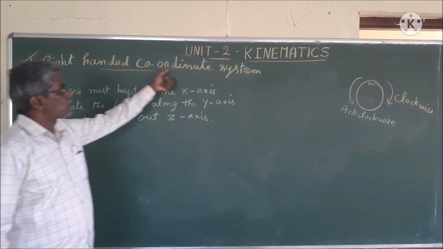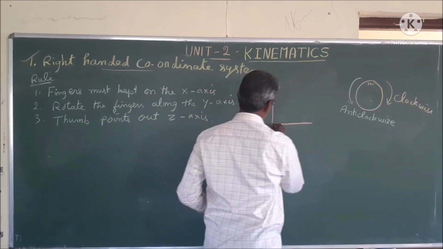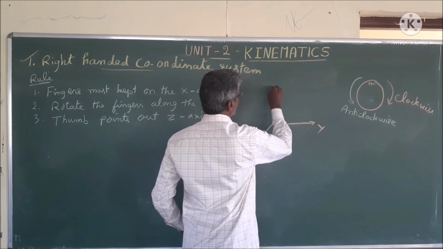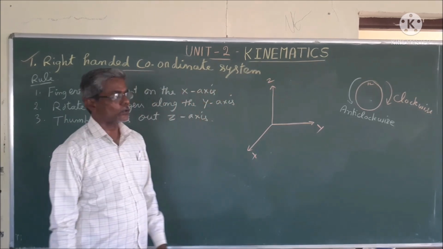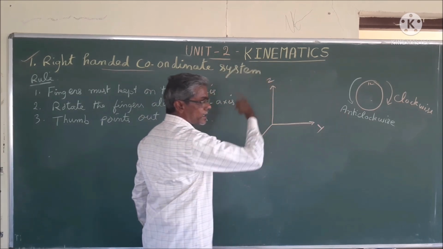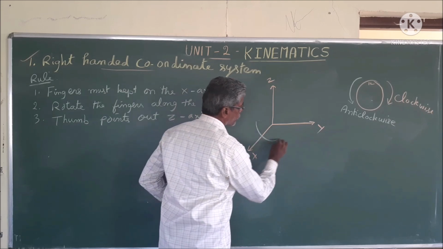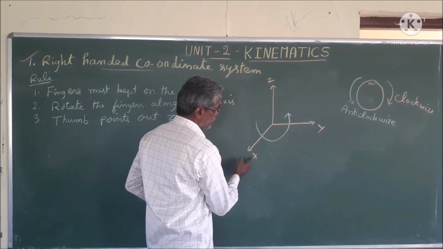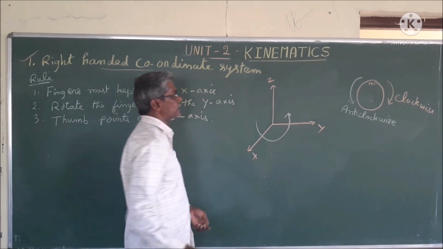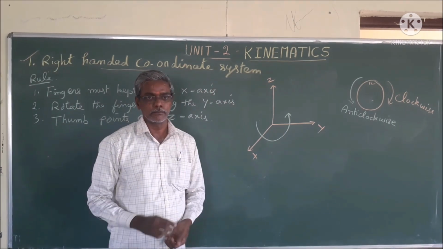So in the right-handed coordinate system, if the plane x, y, z rotates in anti-clockwise direction, then I can call it the right-handed coordinate system.